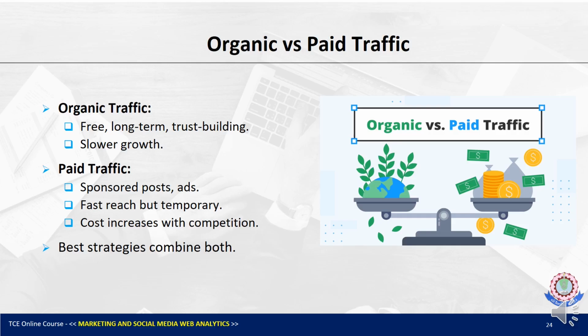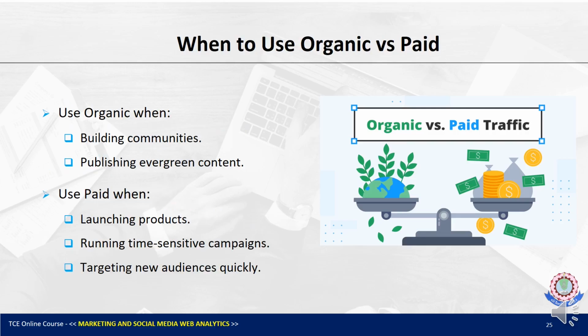It is expensive over time. Marketers need a balanced strategy between organic and paid traffic. When to use organic versus paid? Use organic for long-term engagement and community building, and use paid for launches, urgent campaigns, and rapid audience expansion.